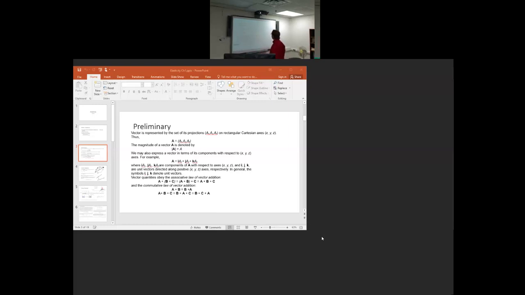Each of the components can be expressed using so-called unit vectors, i, j, and k, which are along the coordinates x, y, z respectively.